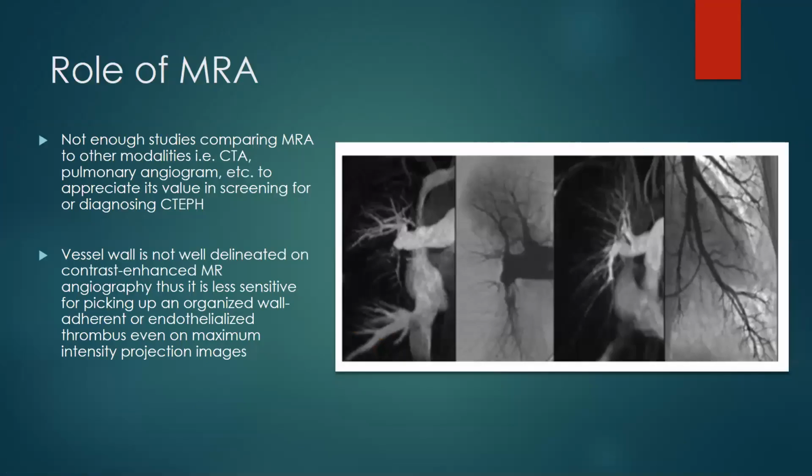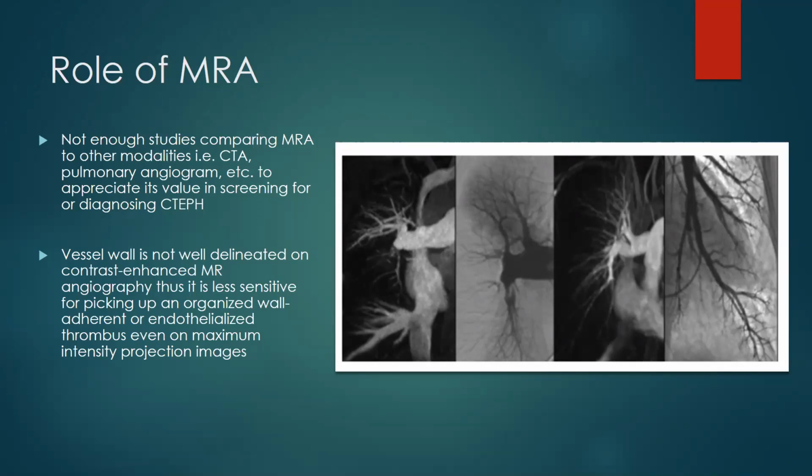The role of MRA in delineating this disease, we really don't have enough data or studies to compare it to CTA, VQ, all these other things, including pulmonary angiogram. And it's important to know that on MRA, you don't see the vessel wall very well. It's not delineated. And so it's less sensitive for picking up wall adherent thrombi and abnormal thrombus remodeling that we see.